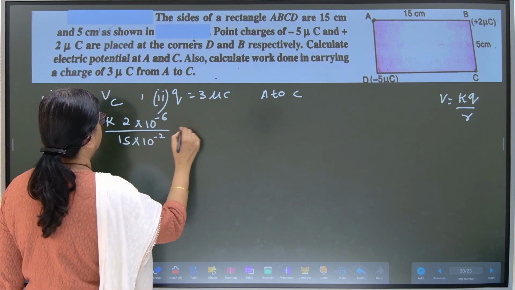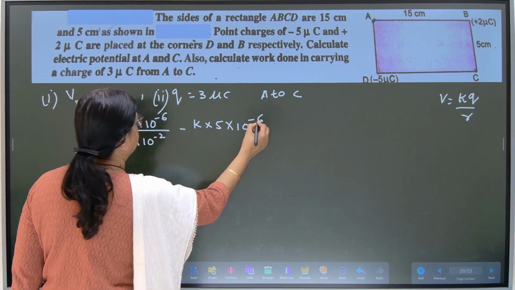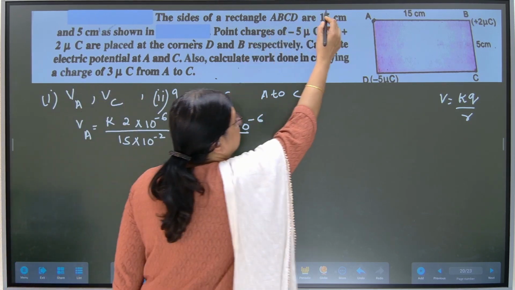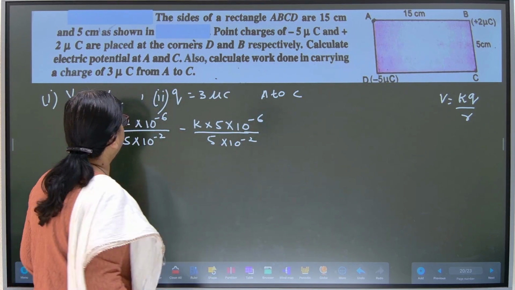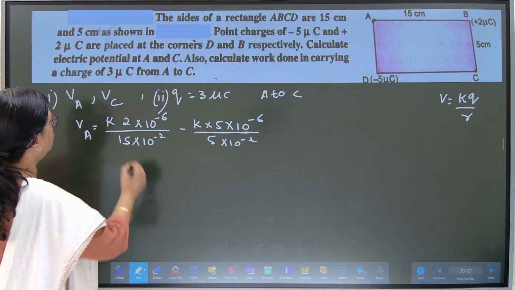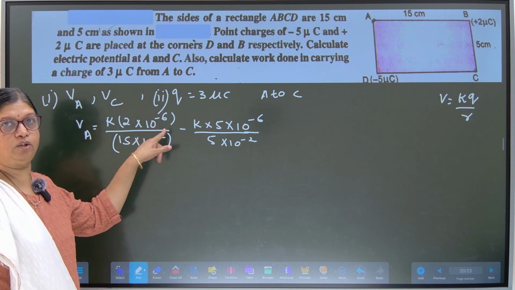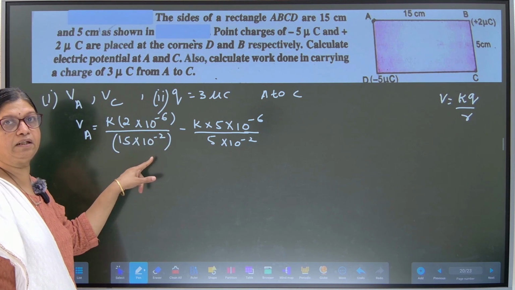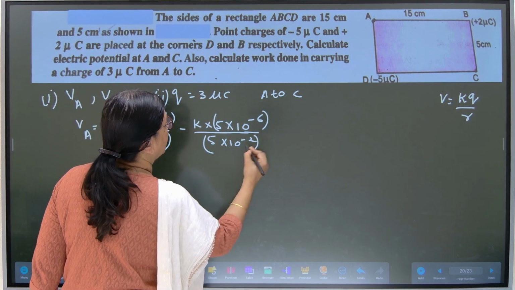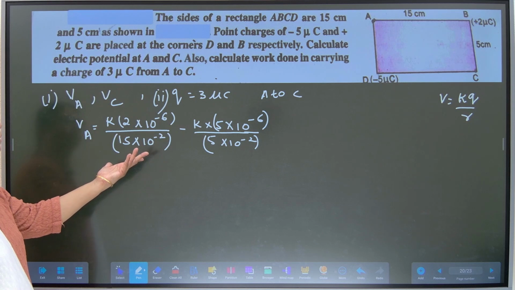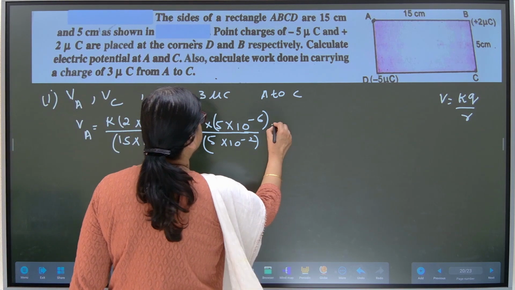So minus K into 5 into 10 raised to minus 6 divided by the distance 5 centimeter, so 5 into 10 raised to minus 2. Okay, so this is K, Q, distance. Micro is converted into 10 raised to minus 6. Centimeter is converted into meter, 10 raised to minus 2. Same here, according to the formula. Now I have to work this out. That is my VA. Fine. Okay. So what is the value of K?